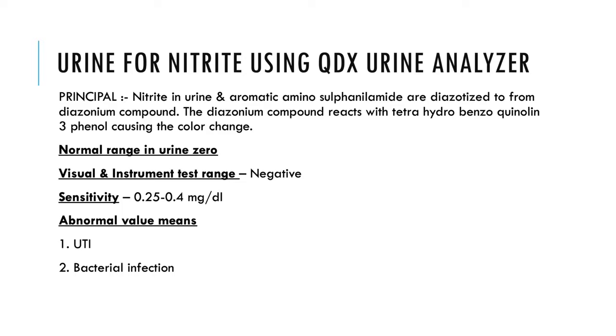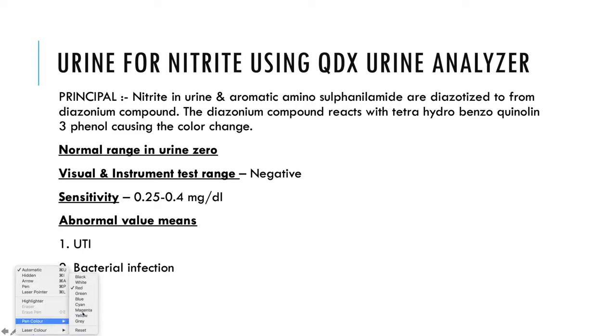Now today the third part of the chemical analysis is the presence of nitrite in the urine, and that you can do with the help of the QDX urine analyzer.